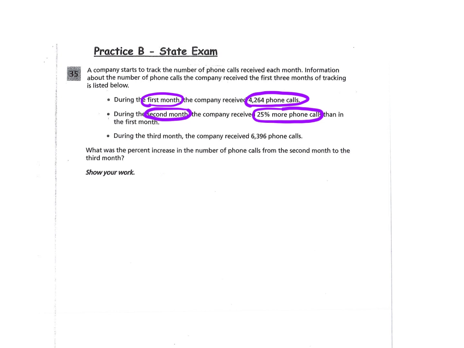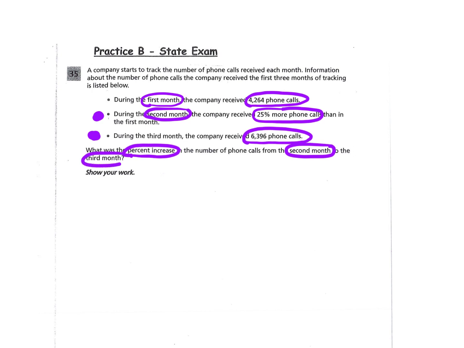And then for the third month, the company received 6,396 phone calls. What was the percent of increase in the number of phone calls from the second month to the third month?